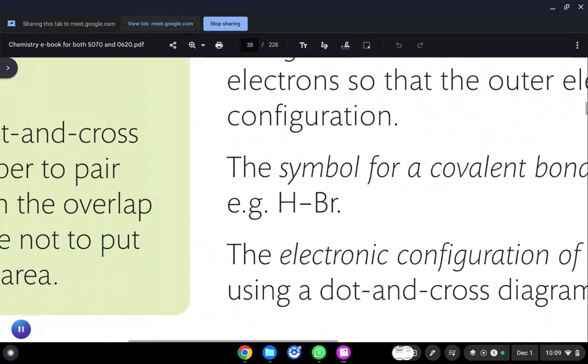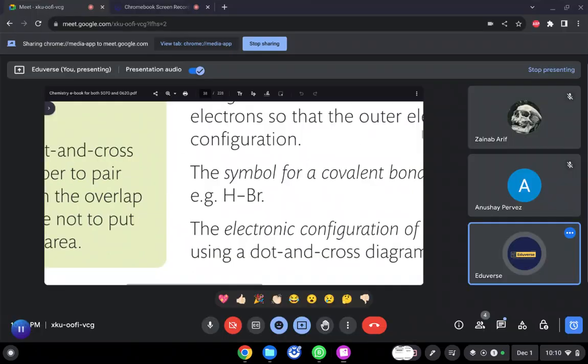So what does it mean? Bromine has 7 outermost shell electrons. If bromine already has 7 outermost shell electrons, it will be in need of one more electron to complete its octet. All right. Do you remember what octet was and what duplet was?